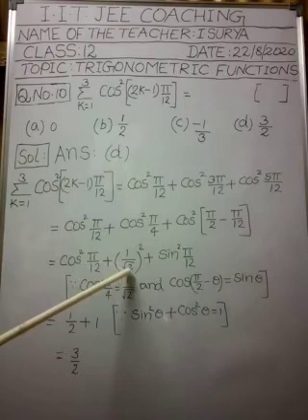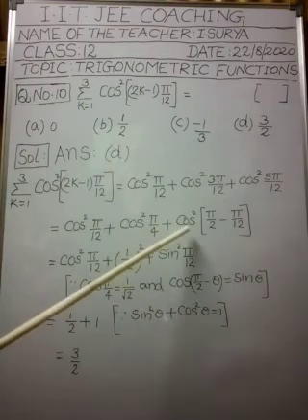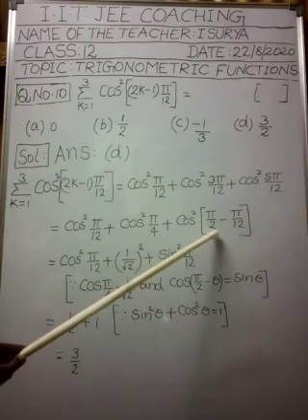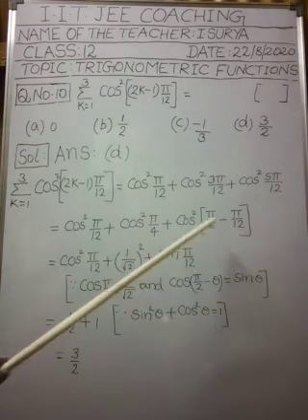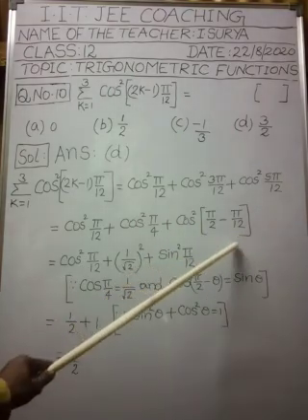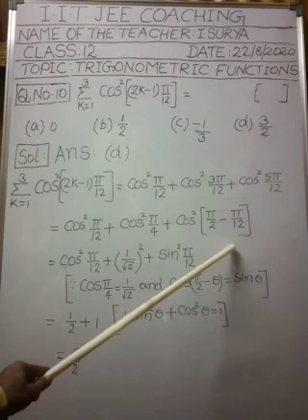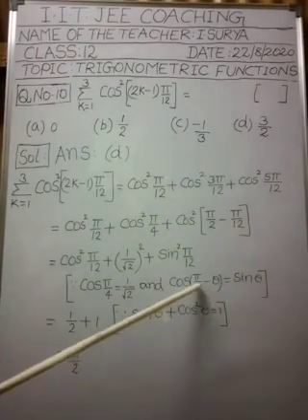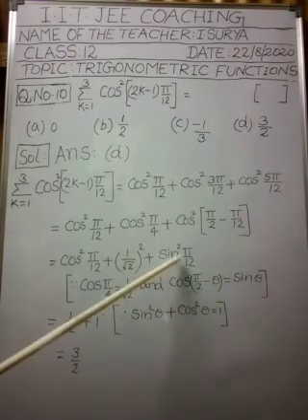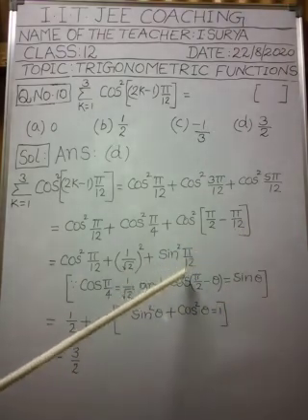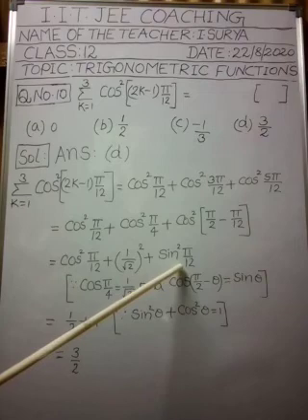Understood this second term, my dear children? Right. Plus it is in the form of cos of (pi by 2 minus theta). What is the formula? Cos of (pi by 2 minus theta) is sin theta. I wrote here this formula. So sin square theta means here pi by 12. Understood this third term, my dear children?